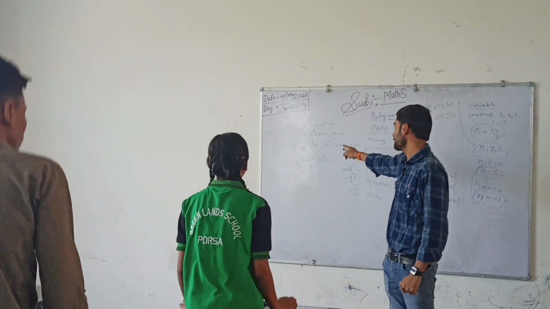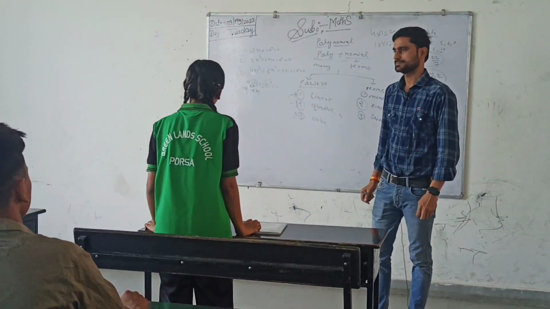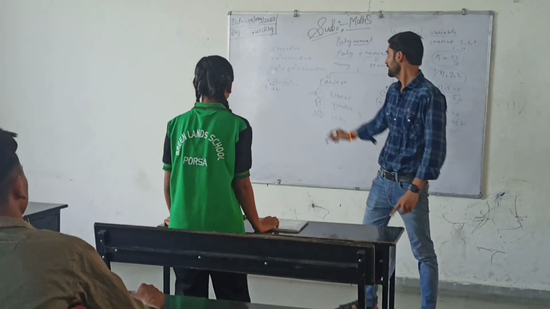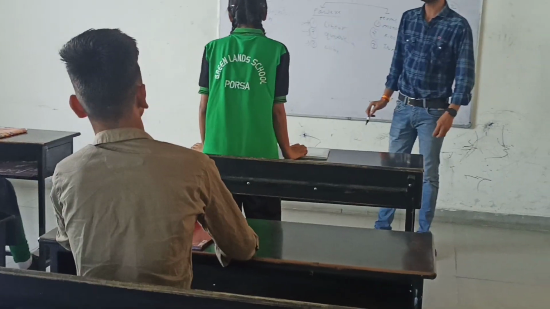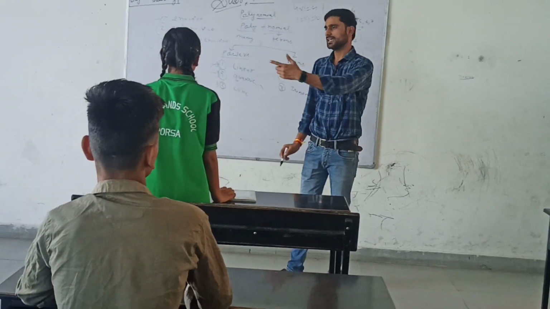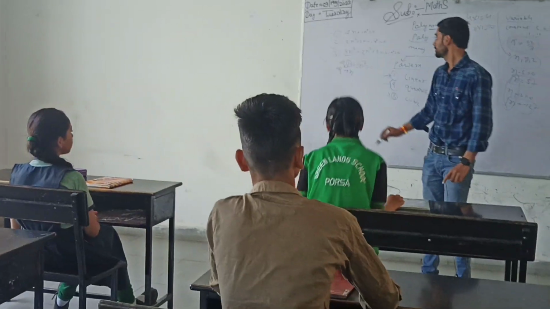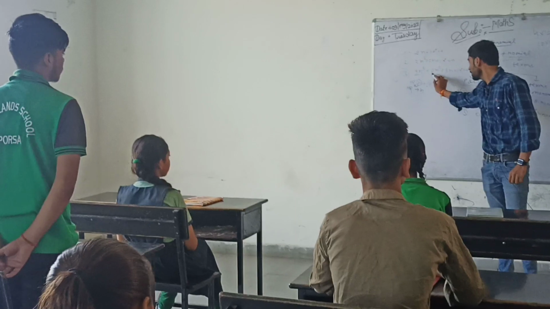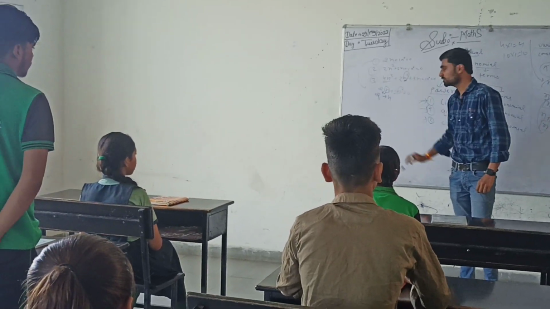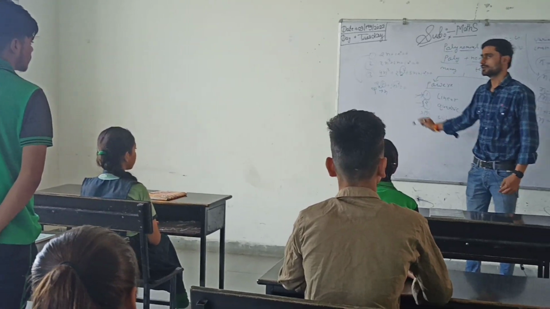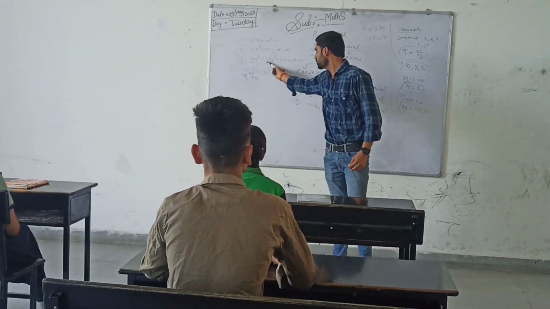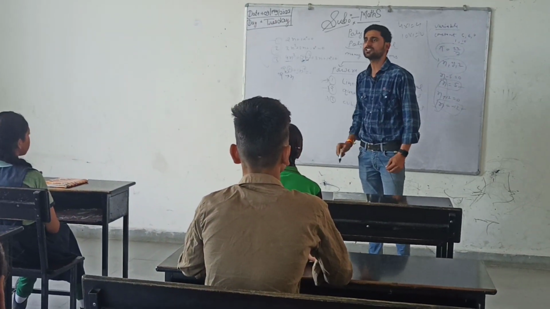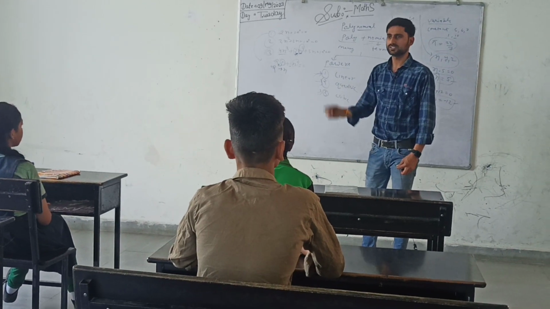Tell me the coefficient of x to the power 3 in the cubic equation. 4. Very good. Tell me, madam. What is the coefficient of x square in the cubic equation? 2. Very good. Sit down.